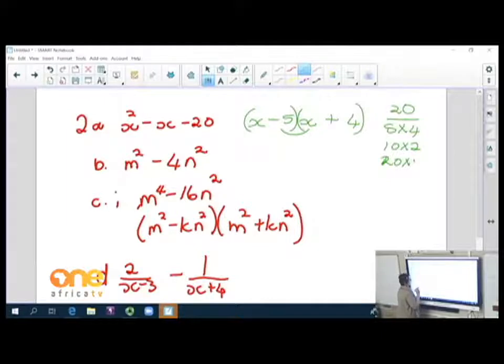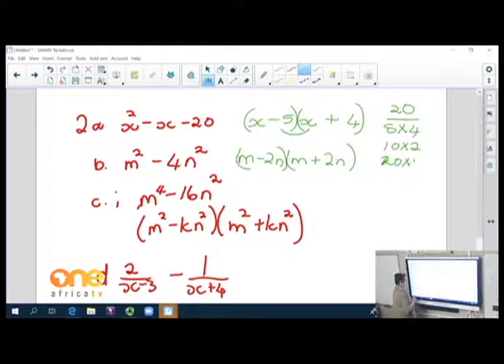This one, this is the difference between squares. All of these are square numbers here. So factorize means brackets, brackets. So it's m minus 2n and m plus 2n. Okay. Now this one, they've asked you to write it like this and to find the value of k.